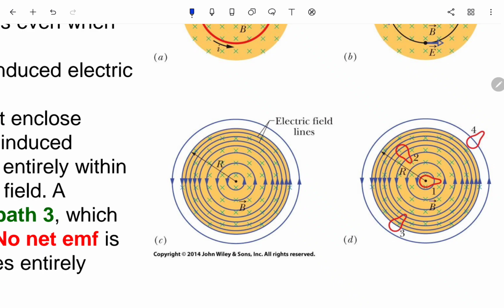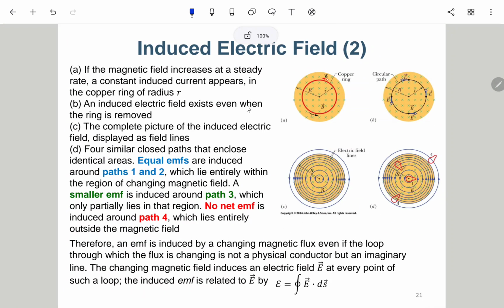So equal EMFs are induced around path 1 and path 2. We assume that this shape and this shape are the same. The only differences are that the position and the direction are different. But it encloses the same area, so it should provide the same EMF.